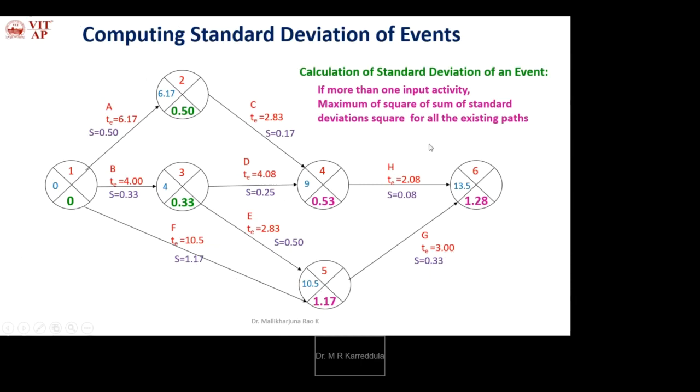The maximum of all these paths is 1.28. In this way we calculate the standard deviation of all the events in the project network. So now it is ready.